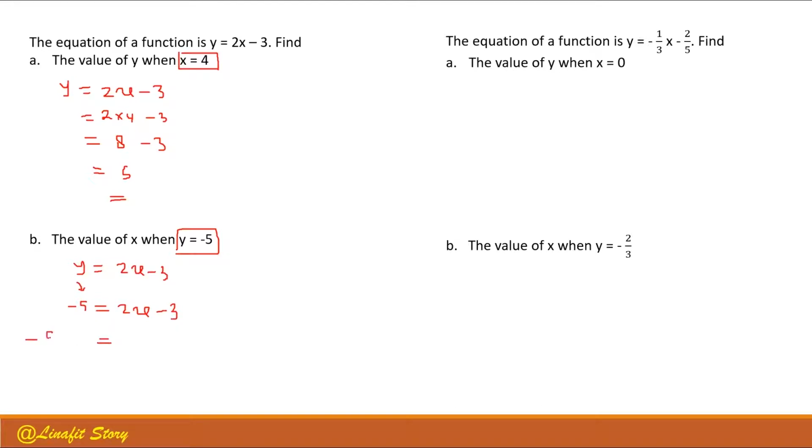Negative 5 plus 3, because we move it to the left hand side, is equal to 2x. Negative 5 plus 3 is negative 2, is equal to 2x. So x is negative 2 divided by 2. The answer is negative 1.